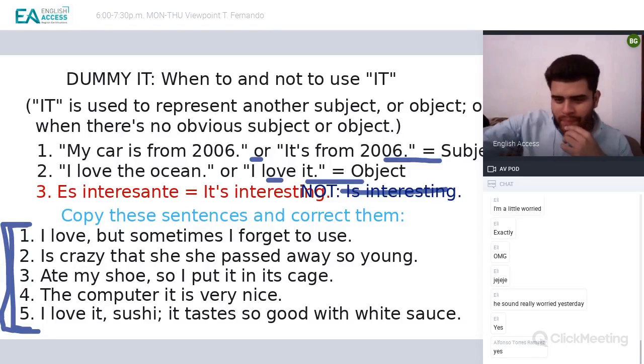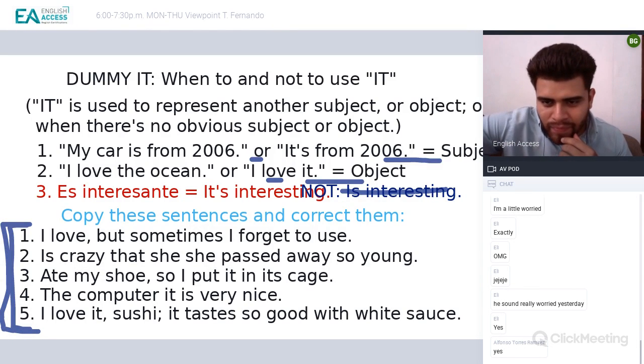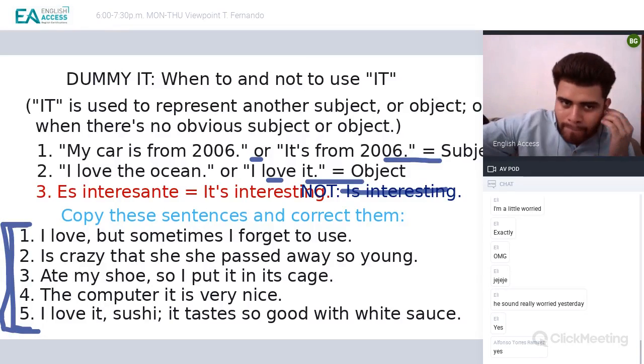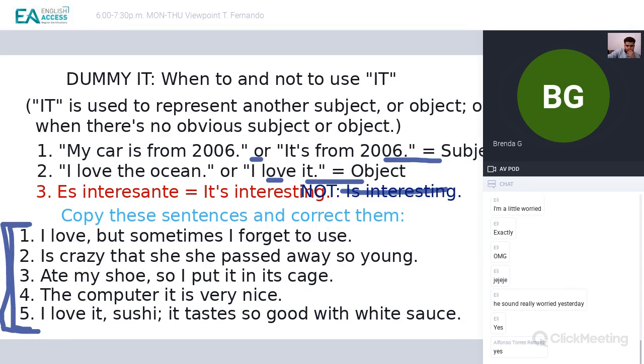One, it's I love, but sometimes I forget to use it. Hold on. Okay, can you repeat that again? Sure. I think the first one is I love it, but sometimes I forget to use it. Again.